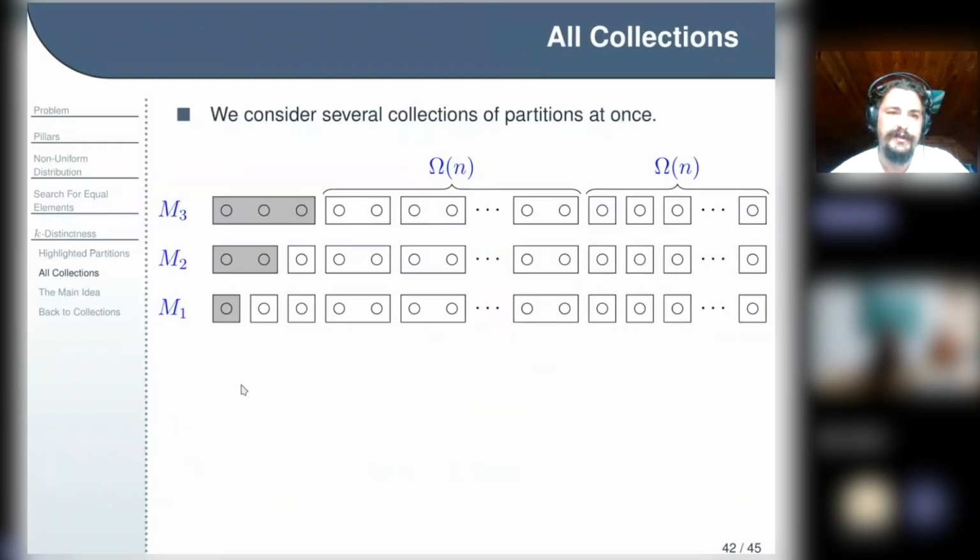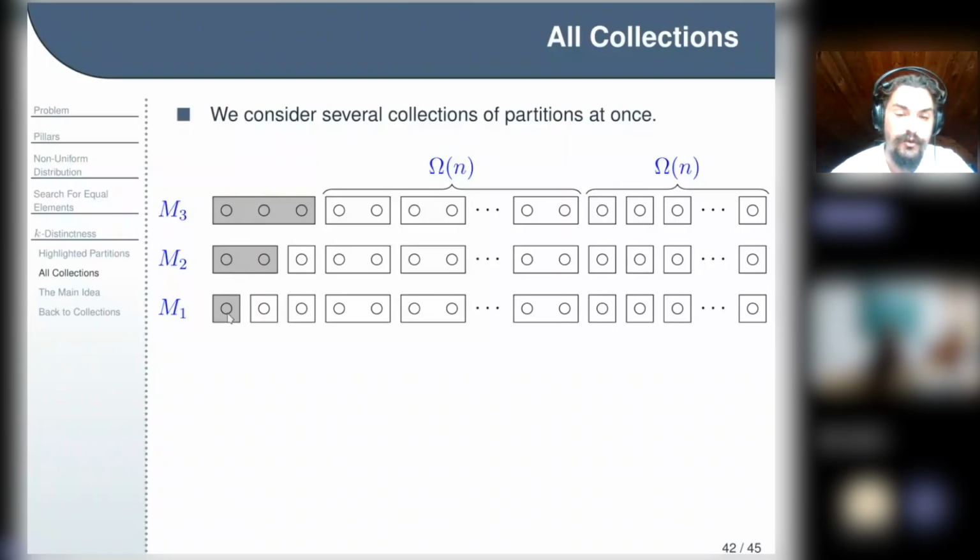So I will consider several collections of partitions at once, which are highlighted. The difference is that I am taking this k-tuple and chopping off a singleton. So M3 is the original one, M2 is 1 singleton chopped off, M1 is 2 singletons chopped off of this set of 3 elements, and one of these elements is highlighted.